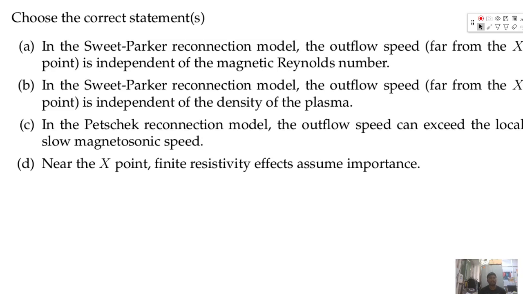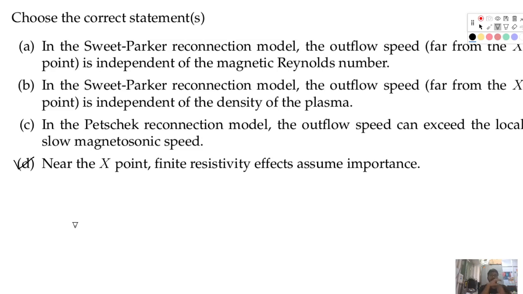In the Petschek reconnection model, the outflow speed can exceed the local slow magnetosonic speed near the X point, where finite resistivity effects assume importance. So obviously the last one is correct. Now we need to understand which are the correct options among A, B and C, if there exists any other correct statement. So let me give some seconds.